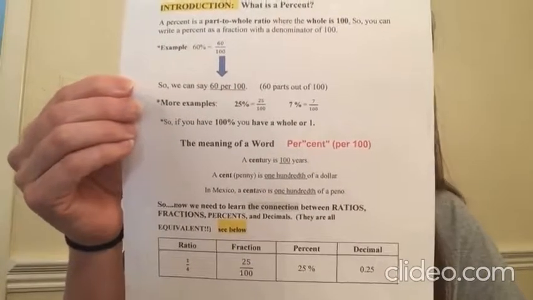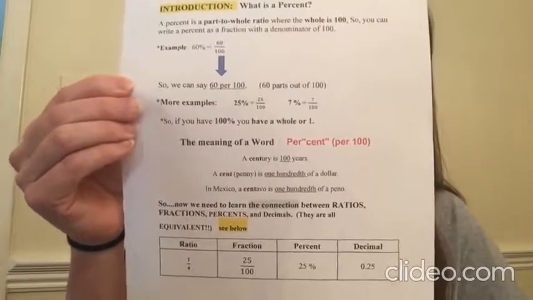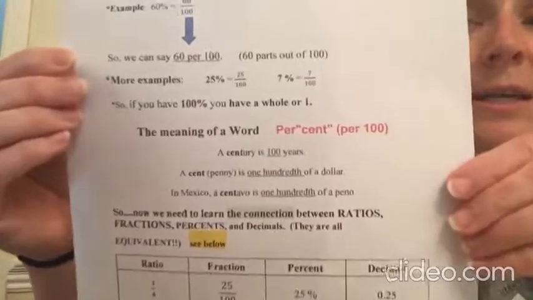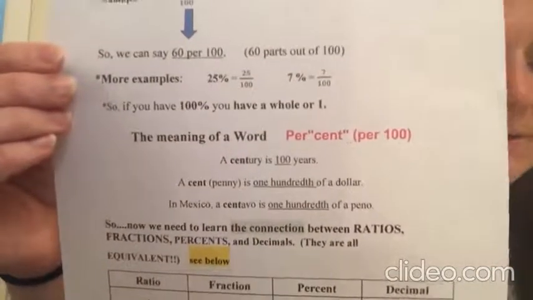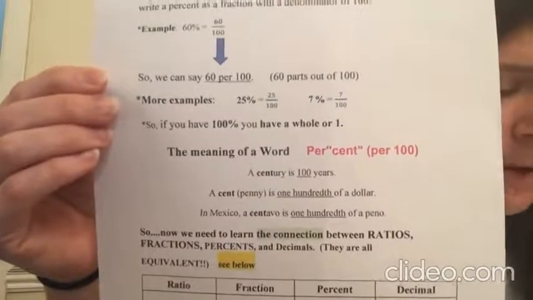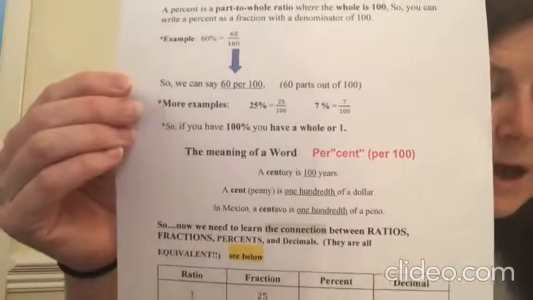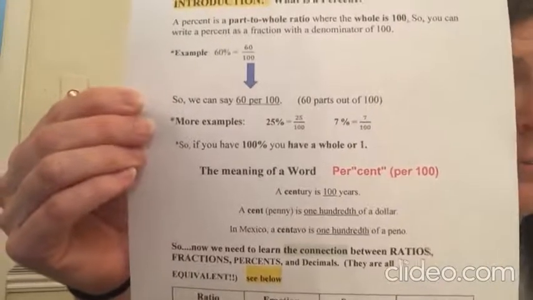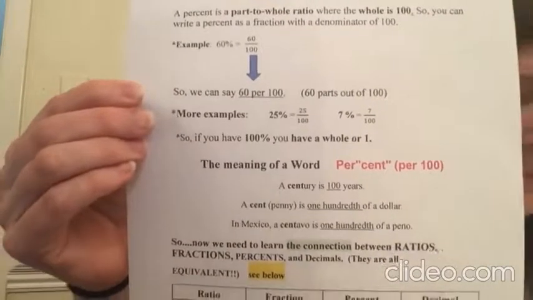So we say 60 per 100, or 60 parts out of 100. So if we want 25%, we can say 25 out of 100. 7% would be 7 out of 100. So if you have 100%, you have a whole, or 1.